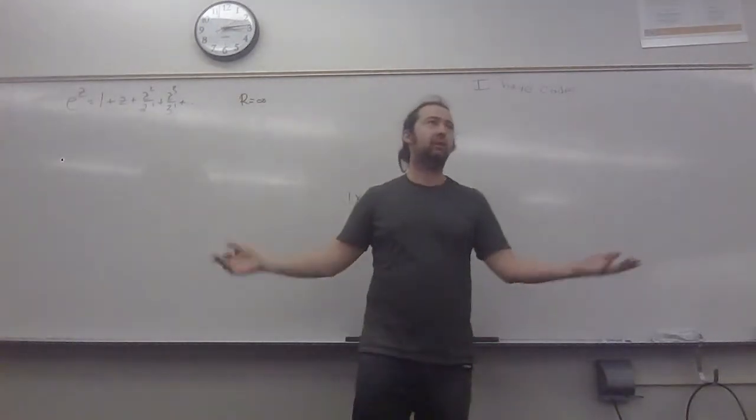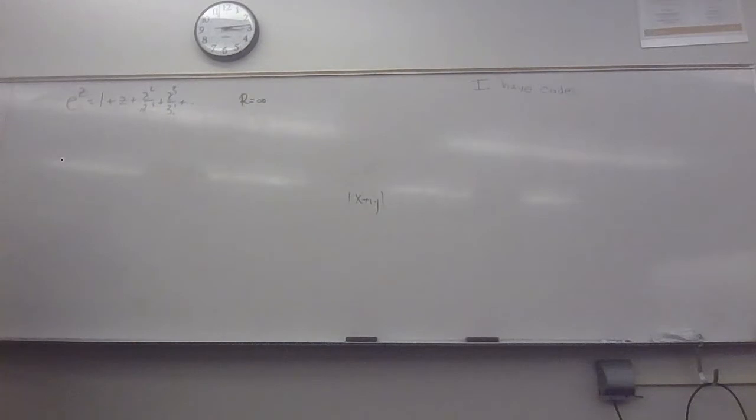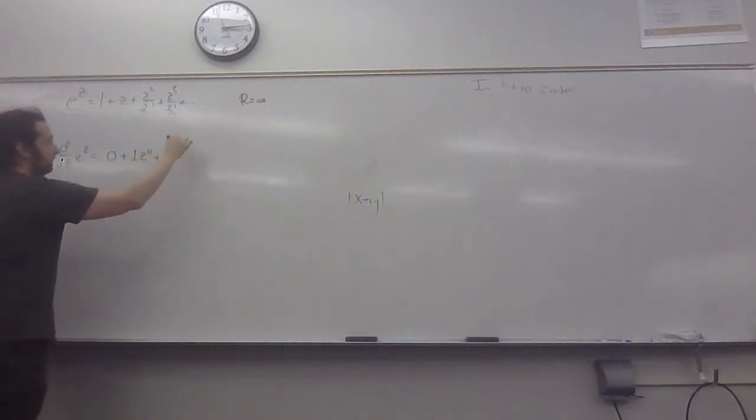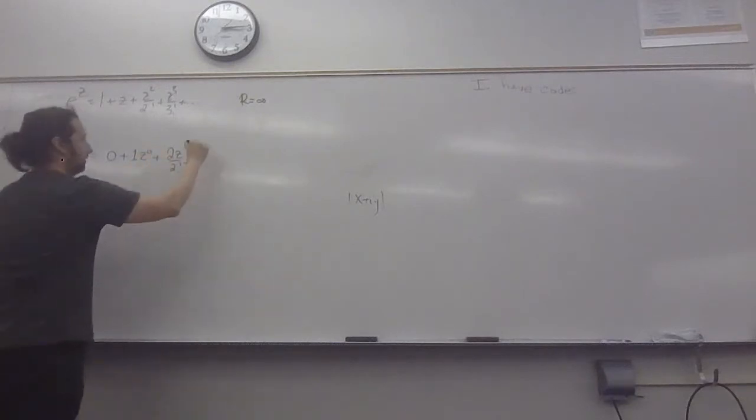So maybe you've done the thing where you said, since e to the z is equal to this, clearly d by dz of e to the z is equal to 0 plus 1 times z to the 0 plus 2 times z to the first over 2 factorial, and so on. I should put one more term in here: 3z squared over 3 factorial.